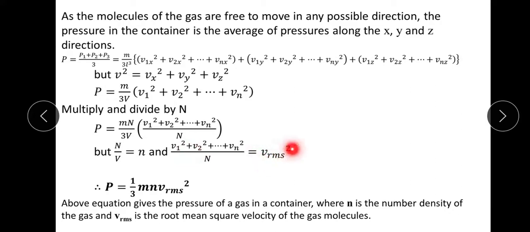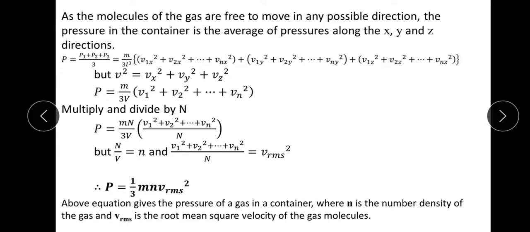We'll discuss this later. Therefore, the equation of pressure becomes P is equal to 1 by 3 into m, keeping the 3 and m as they are, and n by V written as small n, into v RMS square. So P is equal to 1 by 3 mn v RMS square.